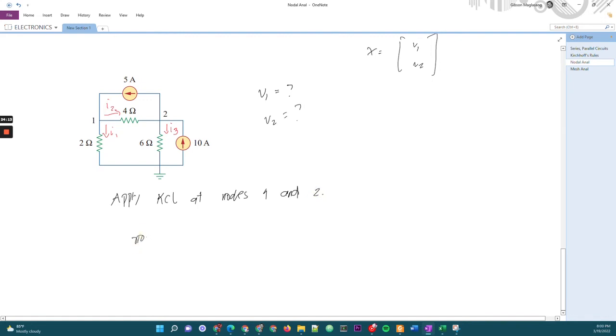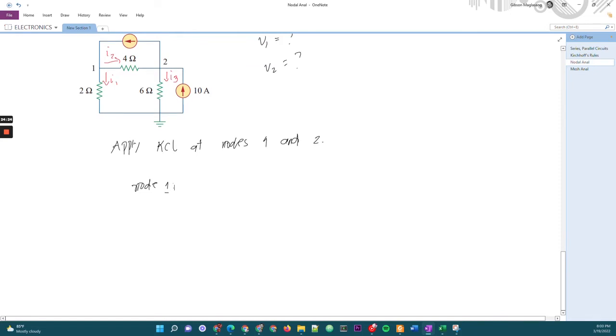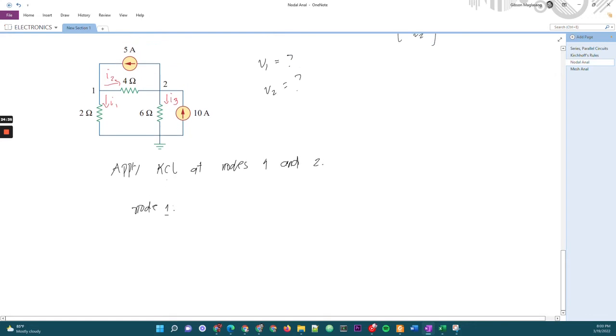So consider node 1. Okay, so node 1, we have currents leaving and currents incoming. Okay? So the current coming in is just 5 amp.